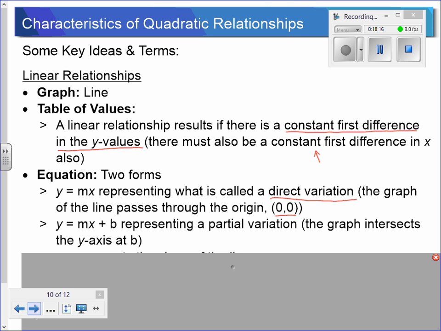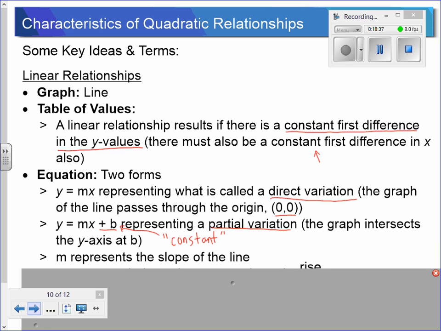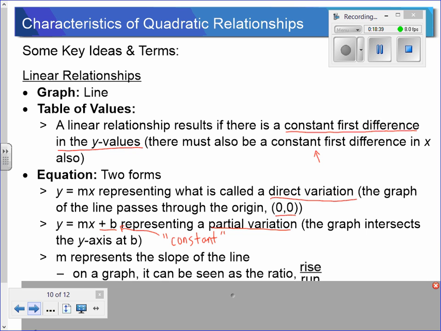The b is what we call a constant, which is just a number added on, and that represents a partial variation. So the graph will pass through the y-axis at a value other than 0, and the m is the slope of the line.